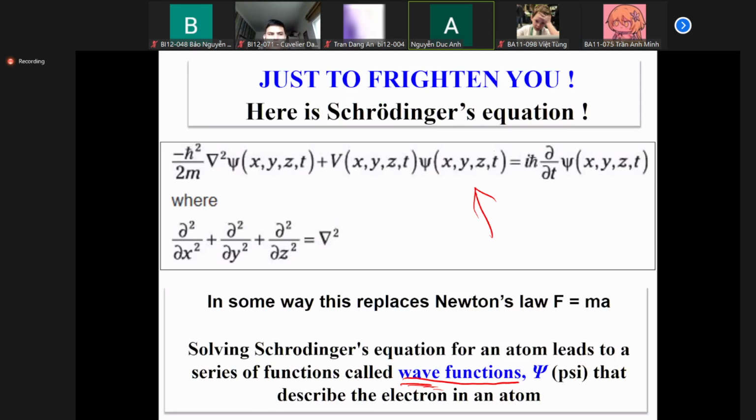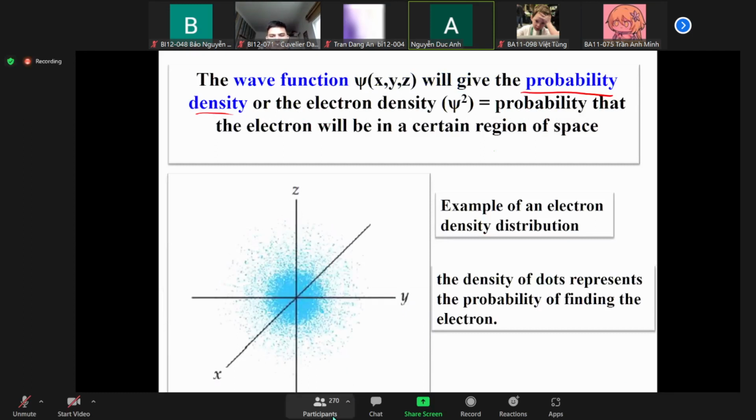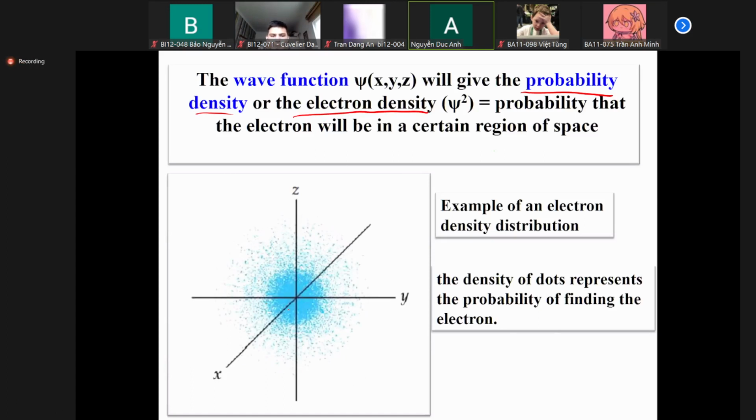So by that way, the wave function will give you the probability the electron will stay in that area, with the sign, the shape, and the orientation. So it looks like this one. A wave function is the probability density of the electrons, or the electron density, in a region around the nucleus. The nucleus stays at the origin of the coordinate system, and the electron is moving around. Of course, it is moving at not identical distances to the nucleus.